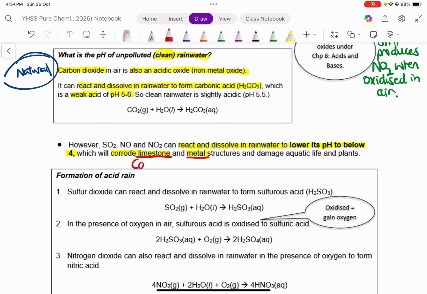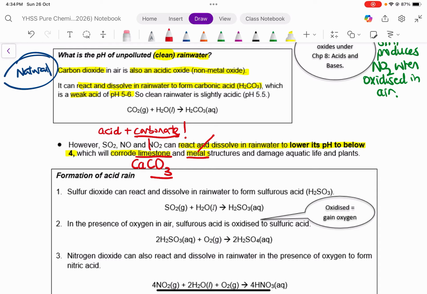First, limestone is calcium carbonate. Now think, what do you learn under acids and bases? Are there reactions involving carbonates? Oh yes, there is, right? You have learned that acid reacts with carbonate. Acid plus carbonate, right?